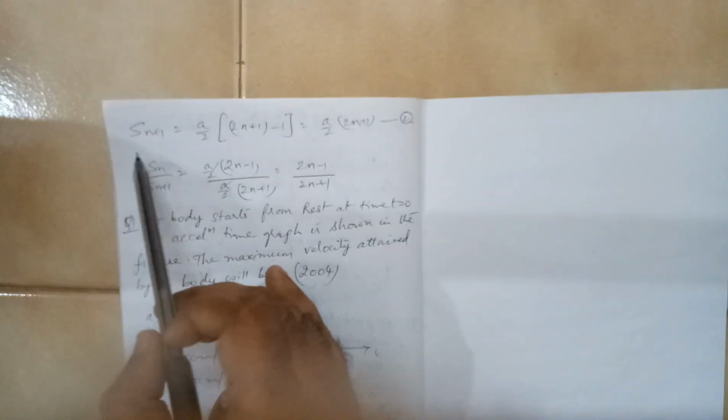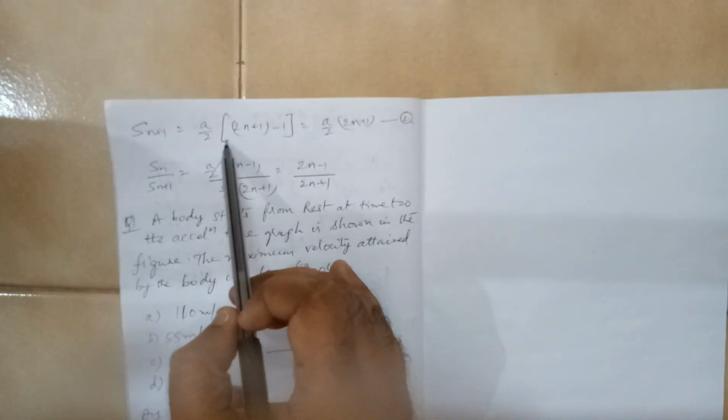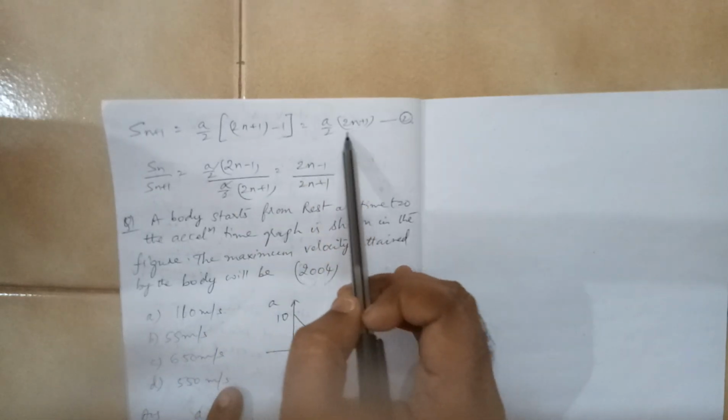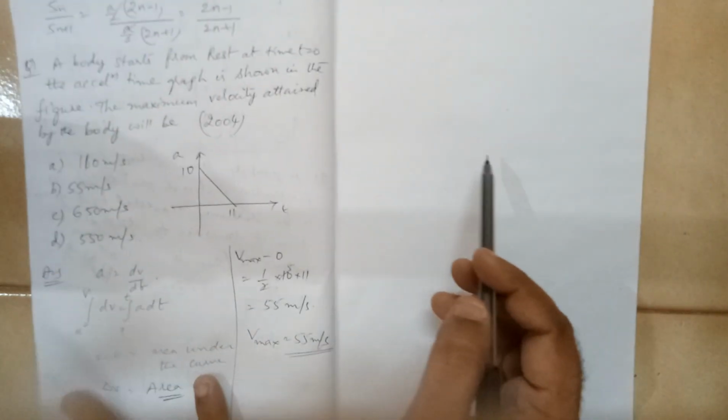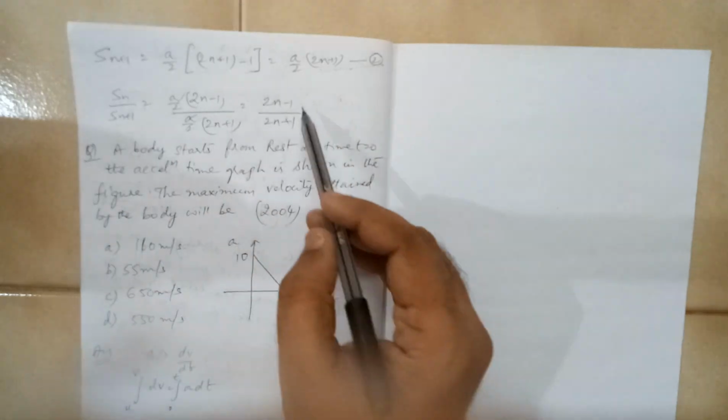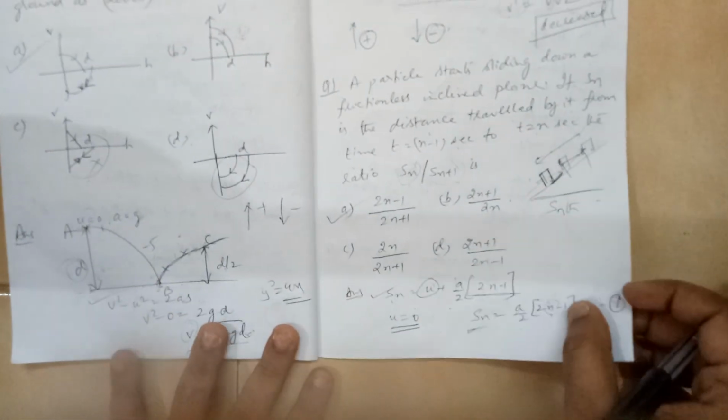So when you put that, you get Sn plus 1 is equal to a by 2 into 2n plus 2 minus 1. So here 2 minus 1, it is a by 2 into 2n plus 1. This is equation 2, this is equation 1. Dividing 1 by 2, you get Sn by Sn plus 1, which is 2n minus 1 by 2n plus 1. So option A is correct.